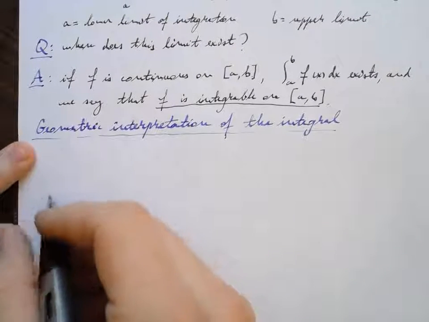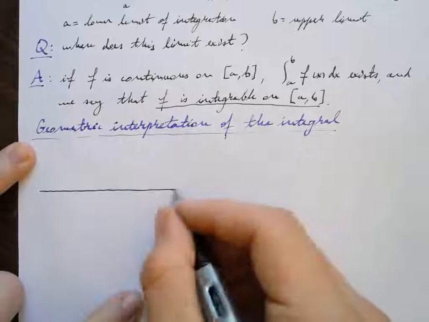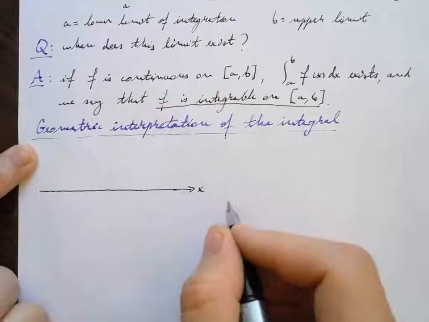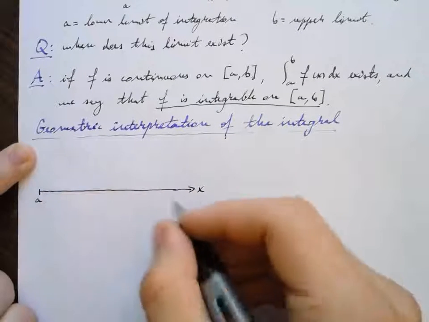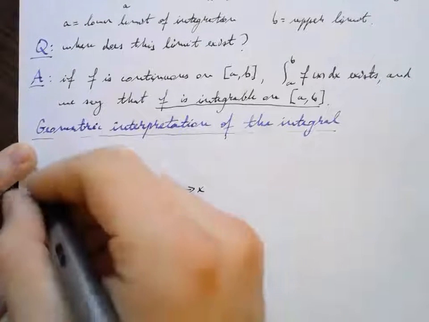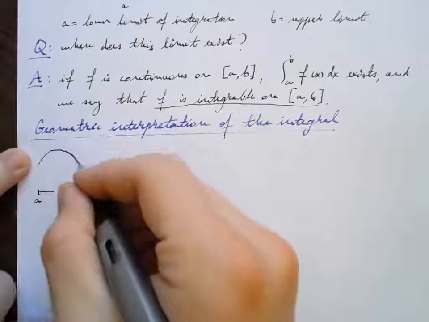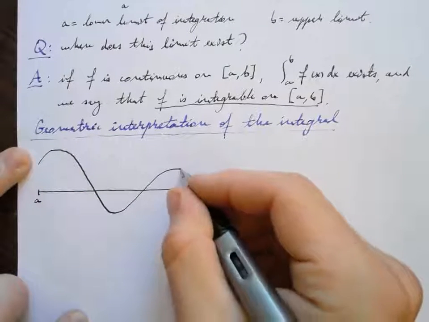So it has some parts where it's going to be negative. So here's the x-axis, and I'm going to start with, okay, here's x equals a, here's x equals b. I'm going to start with some function that maybe does this. It's positive for some parts, then negative, then positive again.